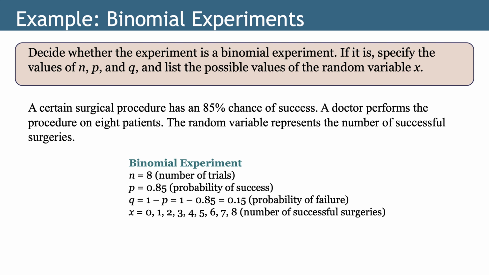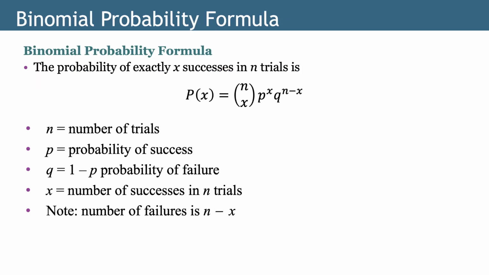Now, if I put this all together, I can create a probability distribution. But to do that, I need to know the probabilities. And here is the formula for the binomial probability. P of x, x is the number of successes you care about. And again, lowercase p, q, and all that stuff is the same as the last slide in terms of what they mean.